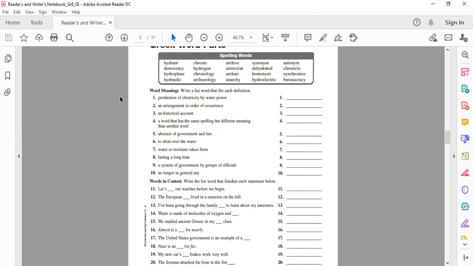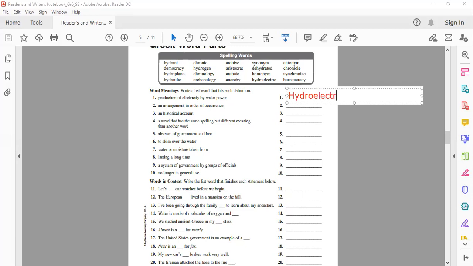We said there will be a word that means water and beside it there's electricity. So which word from the box? Hydroelectric. Yes, excellent. So this is the first one, hydroelectric.